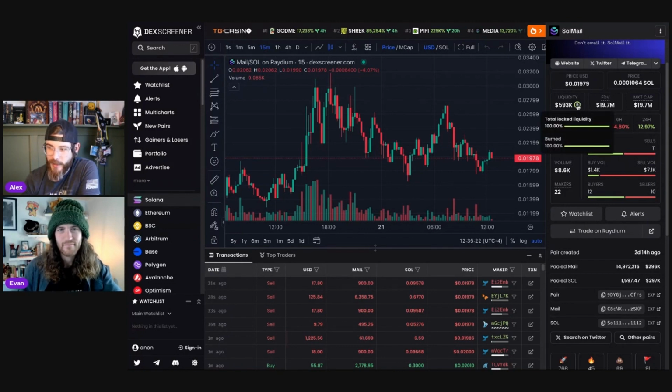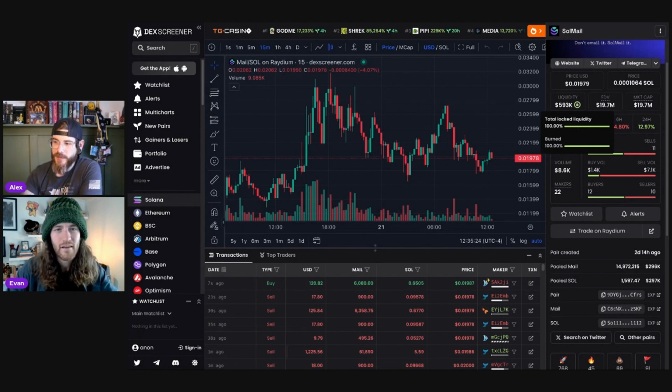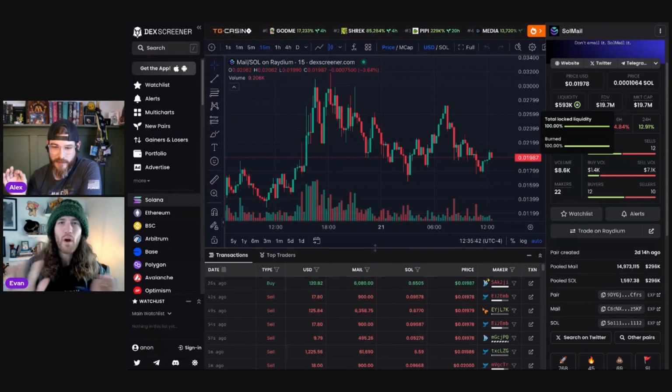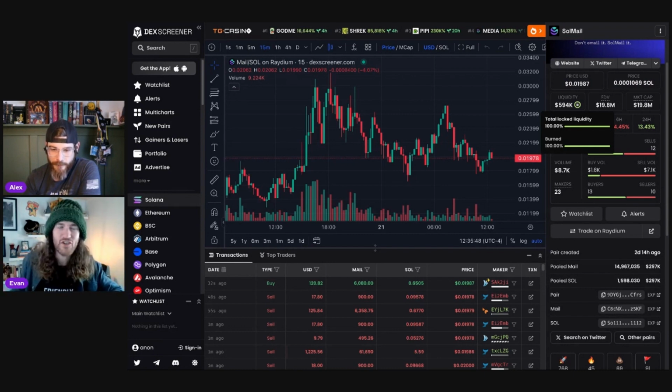If we click on that, you can see that what it represents is that liquidity is locked, and 100% of liquidity in this pool is locked, which just means, without getting too technical, that there are smart contracts and code at play to prevent this liquidity from being drained in one big shot or all at once. No one person, not even the person who created this token, has permission to withdraw it. There's nothing they can do. They can't trick or fool or force anyone.